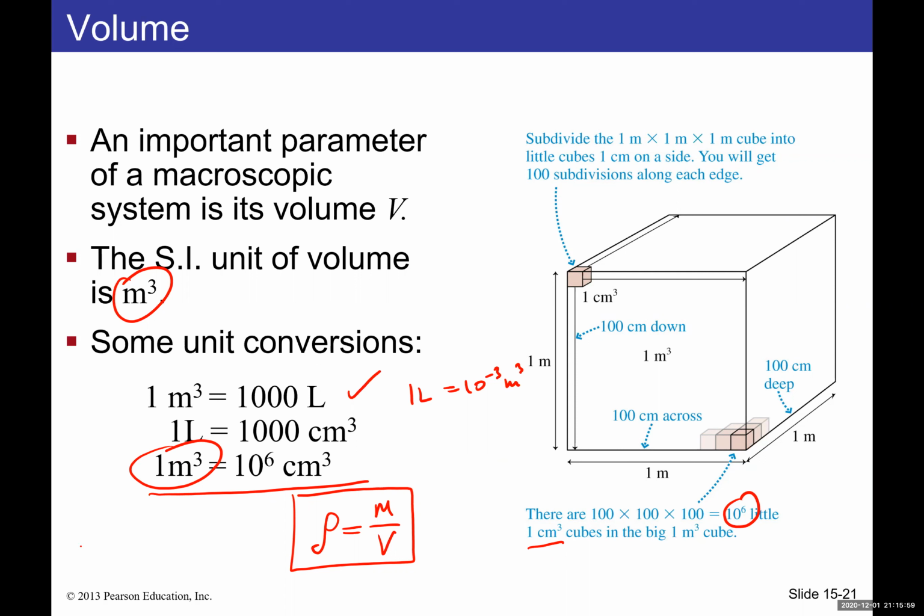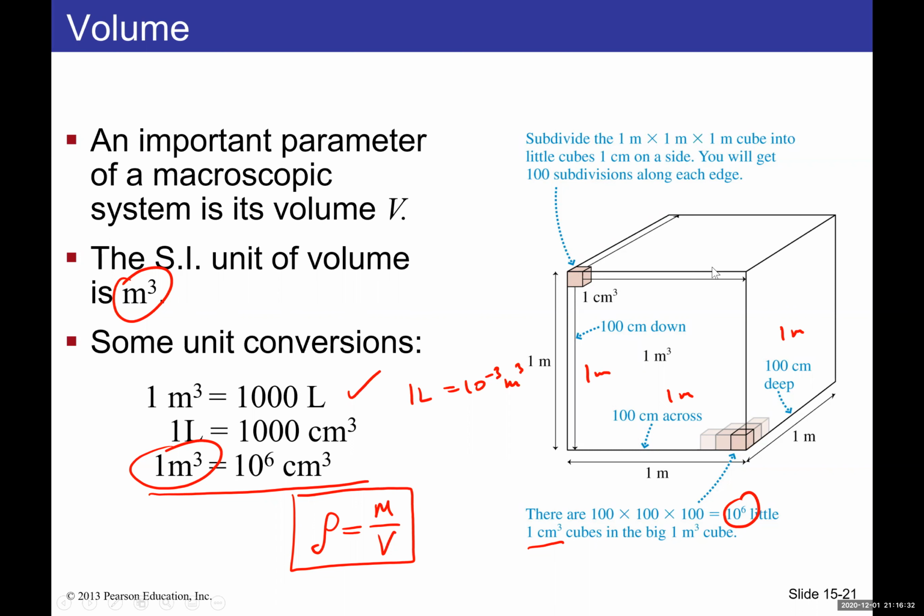But what if it's not 100? Then you can calculate everything in centimeters and convert at the end to cubic meters. But I think it's easier, since this is 100 centimeters, to just say it's 1 meter. This is again 1 meter, this is 1 meter, and then you write 1 by 1 by 1, which just gives you 1 cubic meter. So it's much easier to do this calculation.